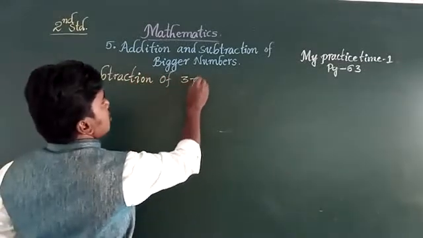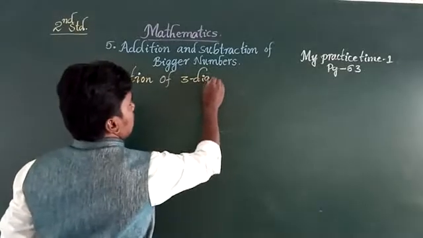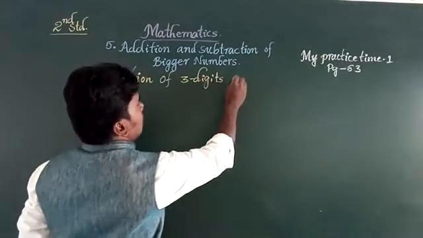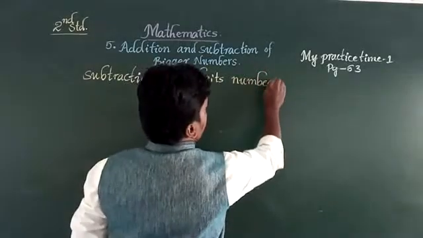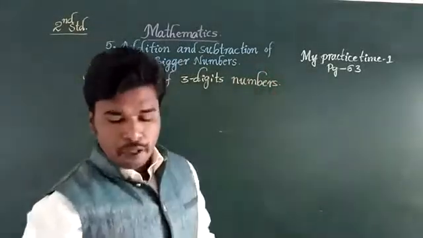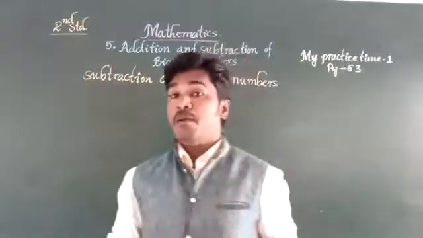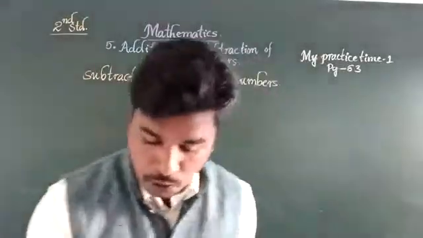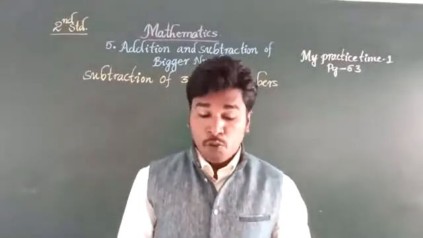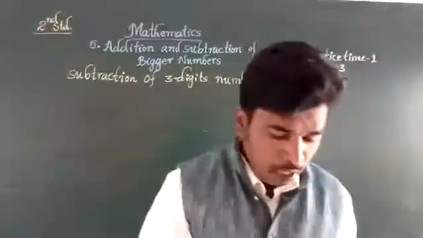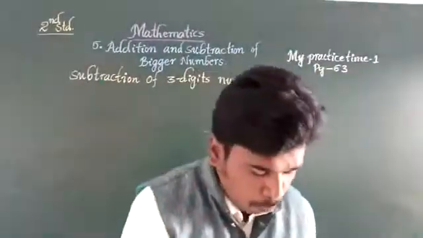Three digits. Okay. Dear students, subtraction of 3-digit numbers. So here also with regrouping and without regrouping will come. You please observe carefully. Now I am going to take a few problems.